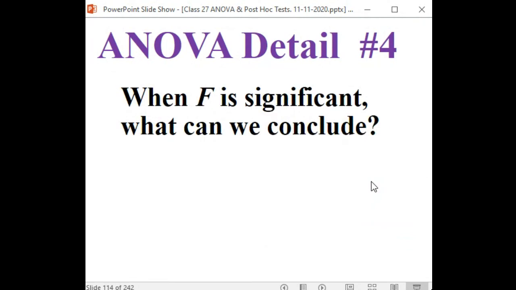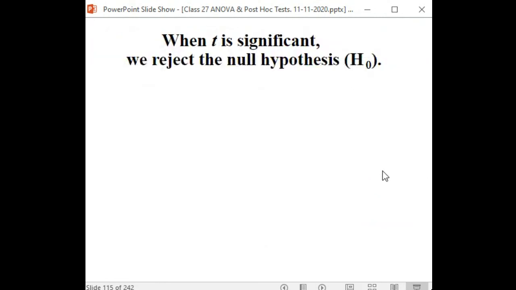So let's say we've looked at P and we found that F is significant. When F is significant, what can we conclude? As a comparison, let's remember what we already know about the t-test. When T is significant, we reject the null hypothesis.